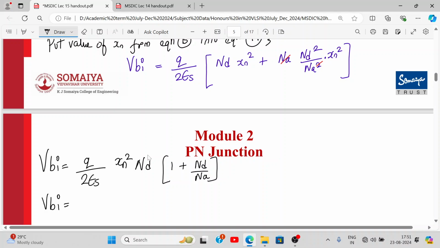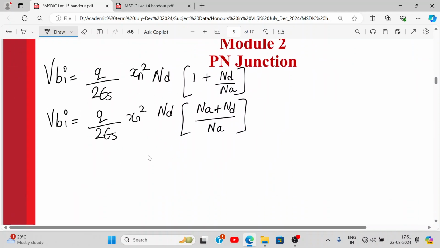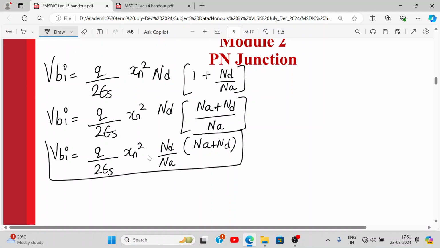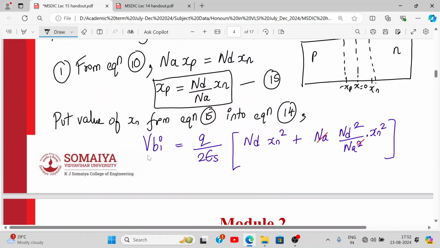VBI is equal to Q upon twice epsilon S xn square Nd, times Na plus Nd upon Na. So basically we can rewrite it as VBI equal to Q upon 2 epsilon S, xn square Nd upon Na into Na plus Nd. This we call equation number 16.